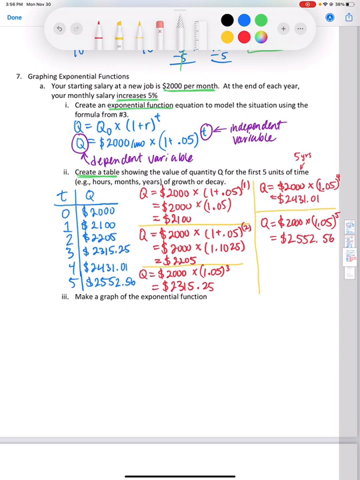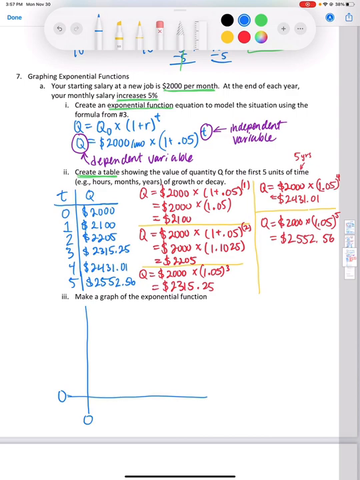All right, so moving forward, we need to make a graph of this situation. When we start our graph, we draw in the axes. Okay, that's 0 and that's 0.